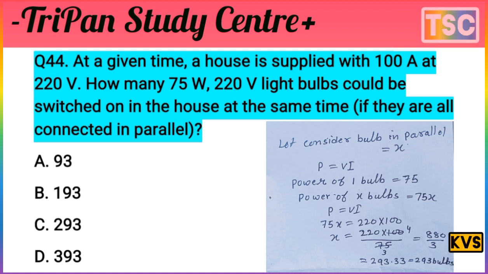The power of one bulb is 75, so the power of X bulbs is 75X.